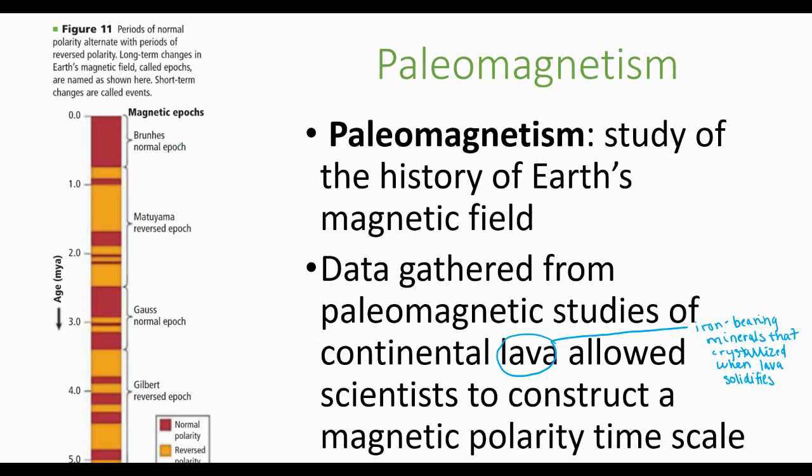So we can see where they've mapped out the long-term changes of the magnetic field. They do this by studying which way the crystals in the lava are aligned. In this case, they were aligned with normal polarity. In this case, they were aligned with reverse polarity.